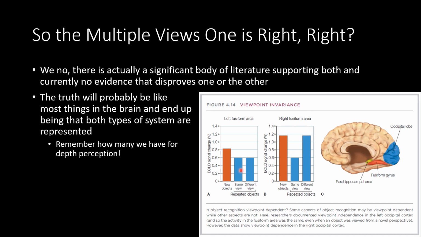Now, when I see this object presented to me again, so this is after I've learned it, here I'm seeing whatever this object is again. A picture of a cat, of scissors, a hard drive, a speaker, a pen, ice cream cone, doesn't really matter. I see it, I have roughly equal activation in both fusiform areas. When I show the same object again, but in a different orientation, something weird happens. The left fusiform area doesn't take any more activation.